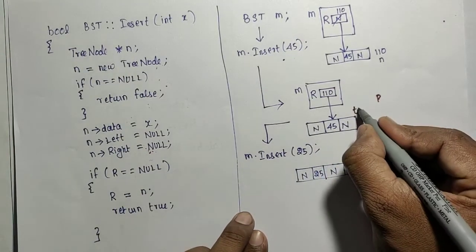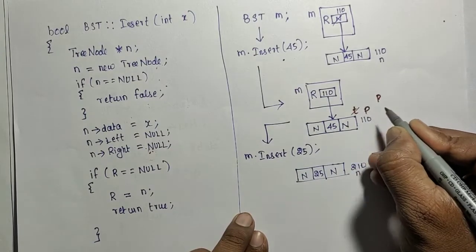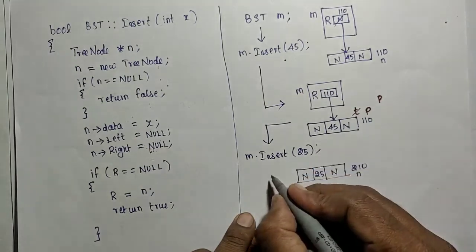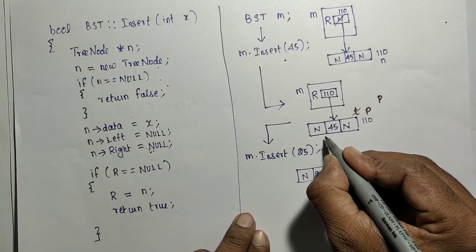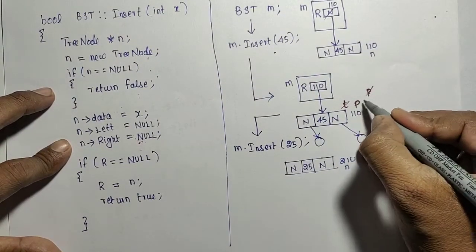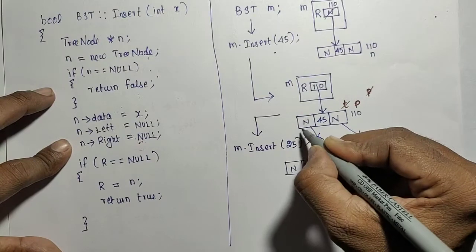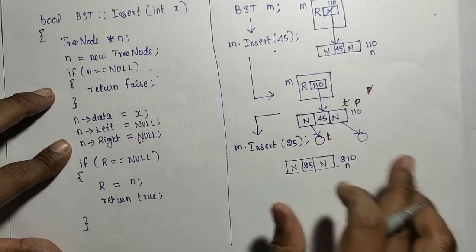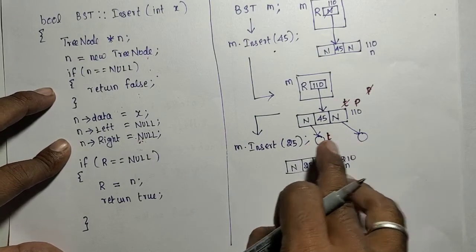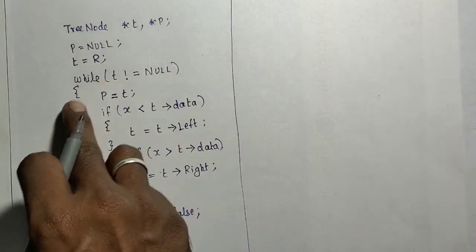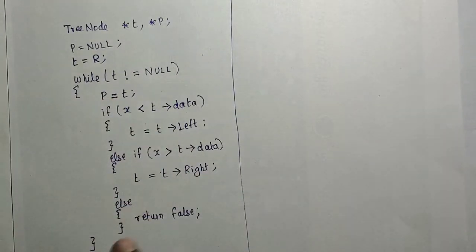So p will be updated with this one, and t will be moved to null. When t becomes the null node, here this circle I am representing the null node, the loop will get terminated.